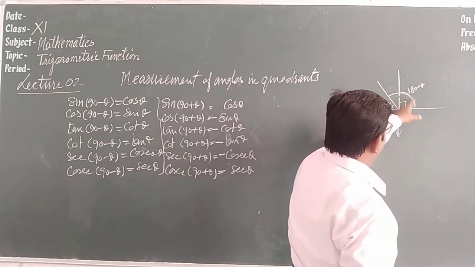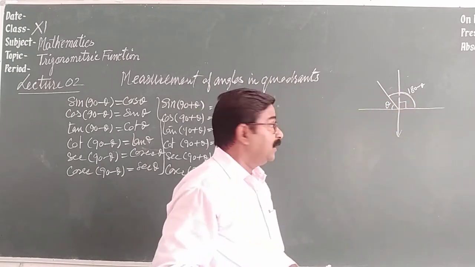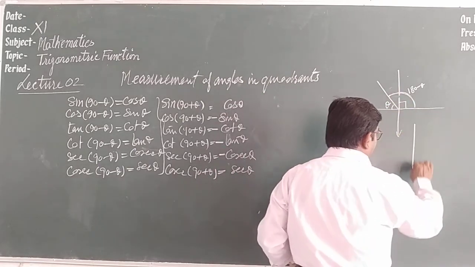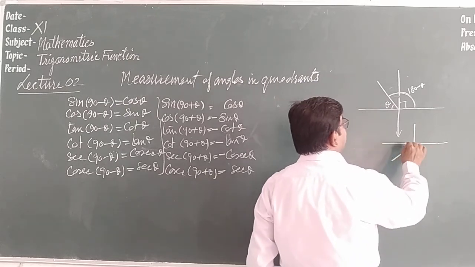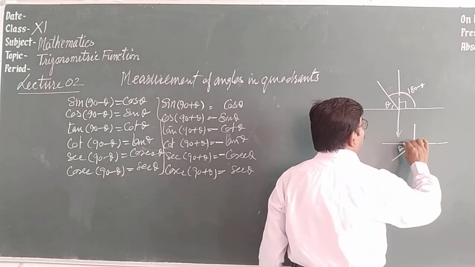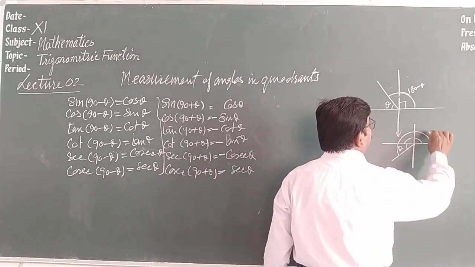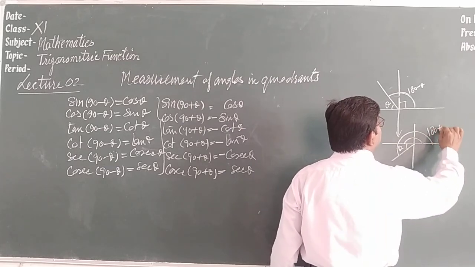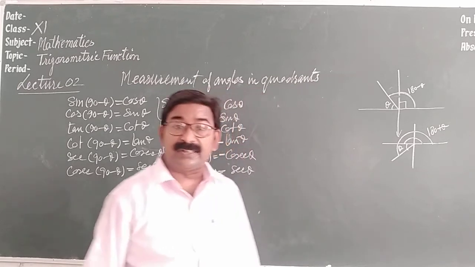This angle can be written as 180 minus theta. Suppose we have another angle here, and this angle is theta. So the total angle is what? 180 plus theta. In the third quadrant it is 180 plus theta.